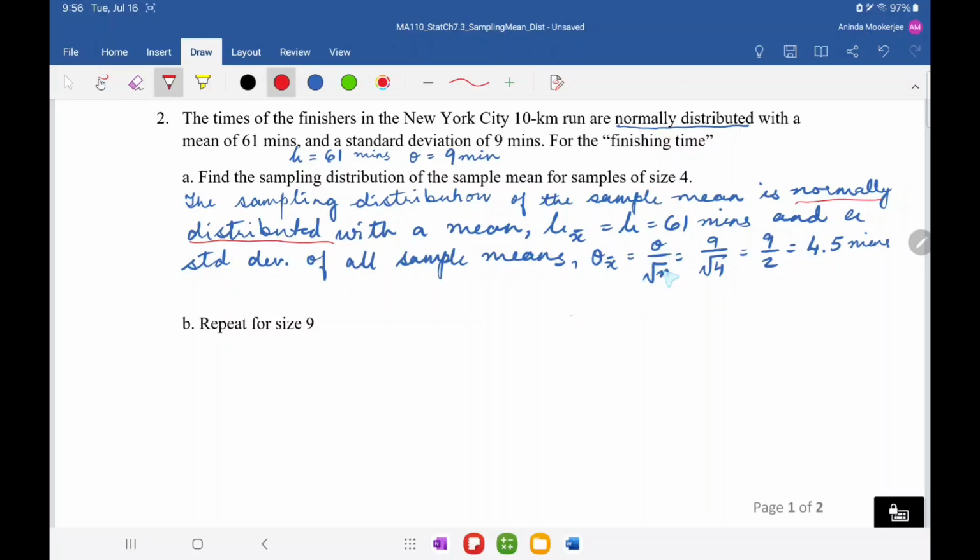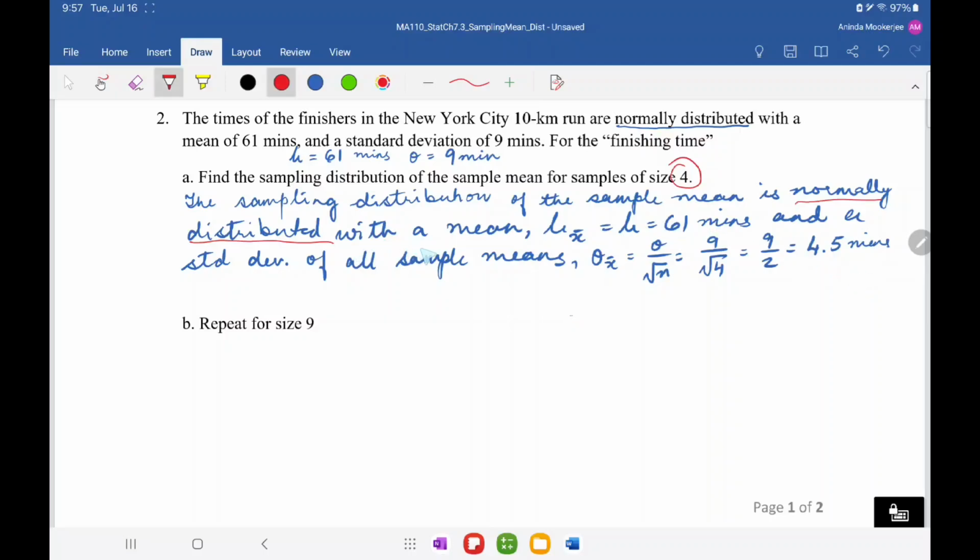The formula for that is sigma divided by square root of n. So sigma is 9, correct? The population standard deviation is 9 divided by square root of 4, 4 being the sample size given to us. So we come up with a standard deviation of all sample means being 4.5 minutes.